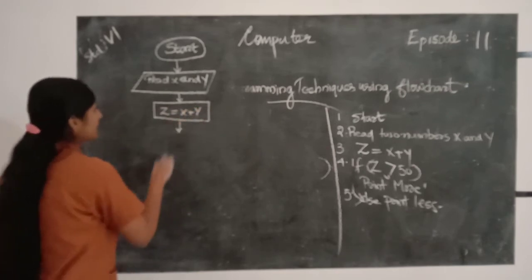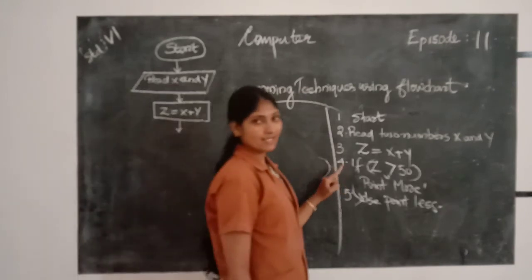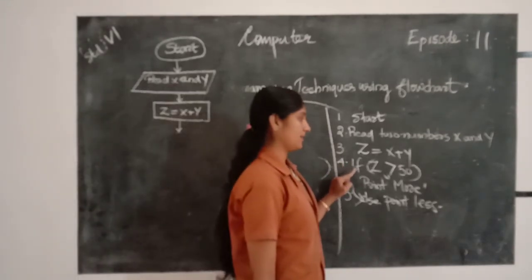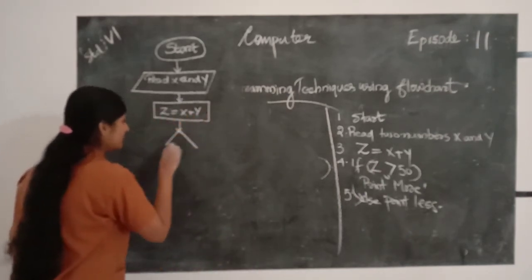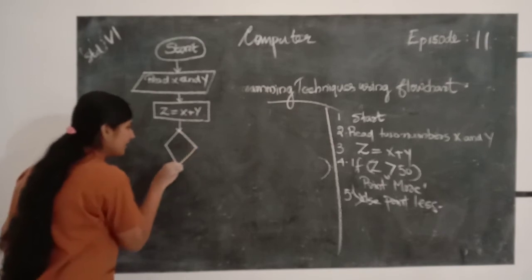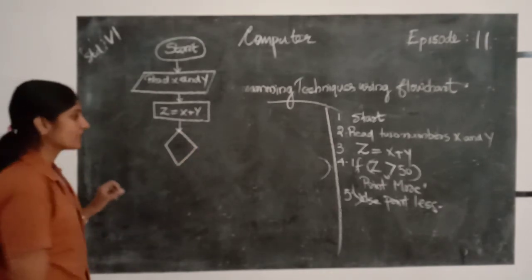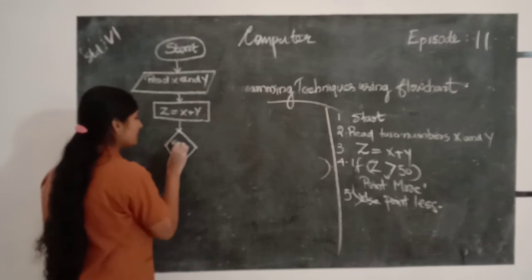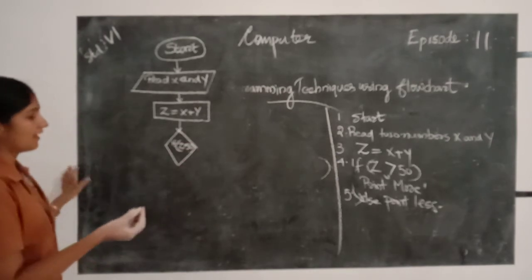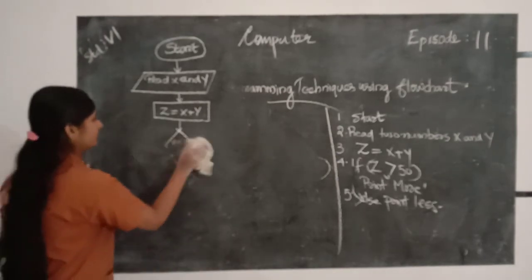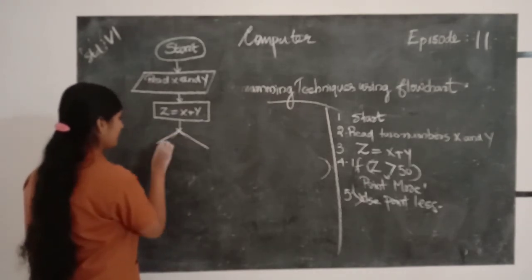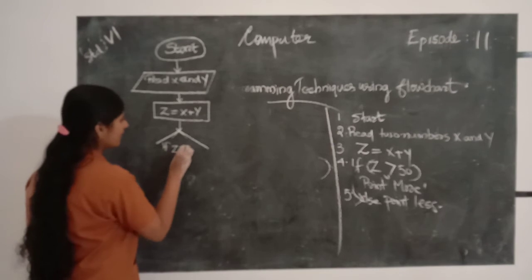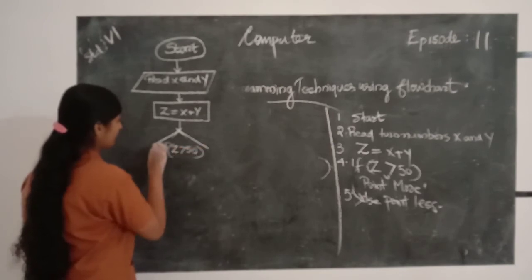Then next, this is a decision parameter. So we can write a decision box and then write the condition. What is the condition here? If z is greater than 50, that's the condition.